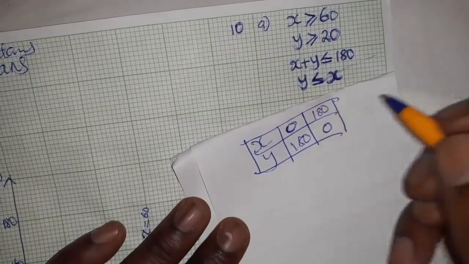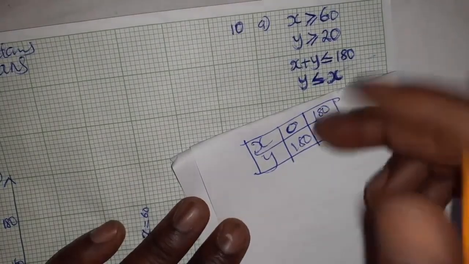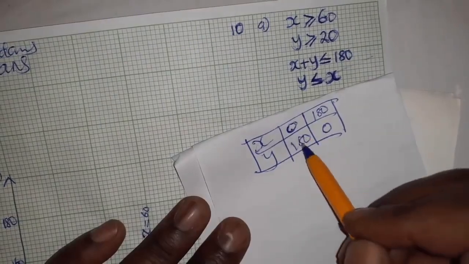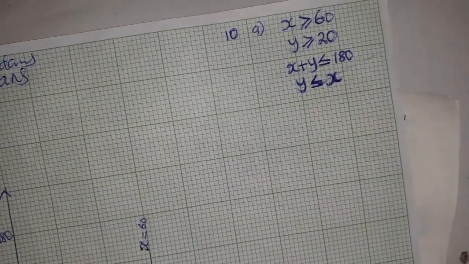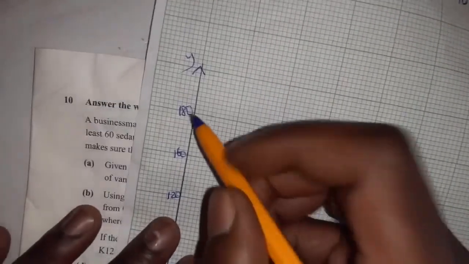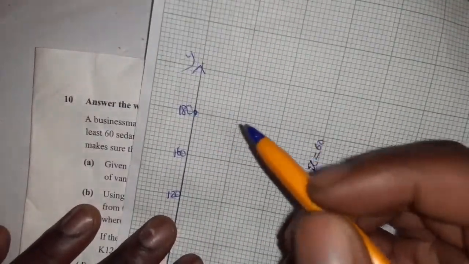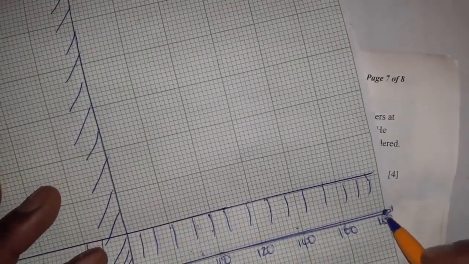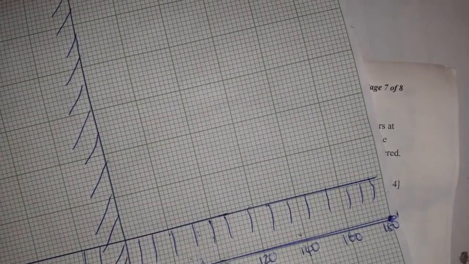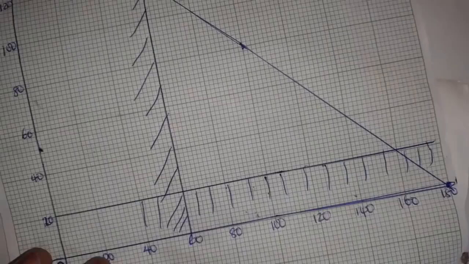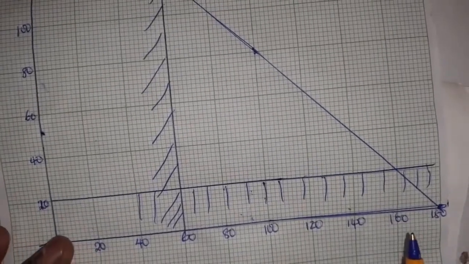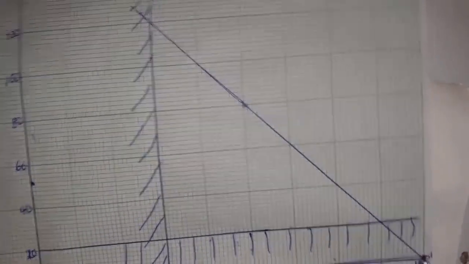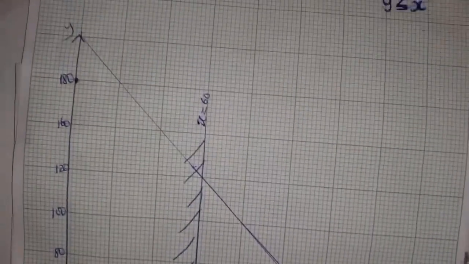X will be 180. So you're going to be dealing with 0, 180 and 180, 0. So we have this point here which is 0, 180, and this one here which is 180, 0. We need to join these 2 points. You need a ruler here which is longer than mine. So you draw this one, from there it goes up to there.